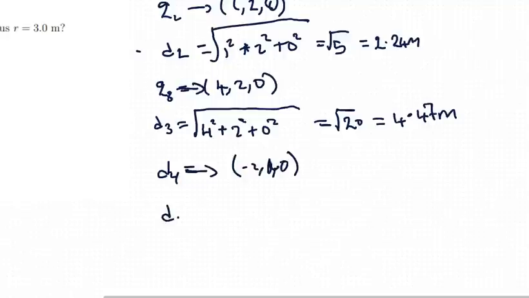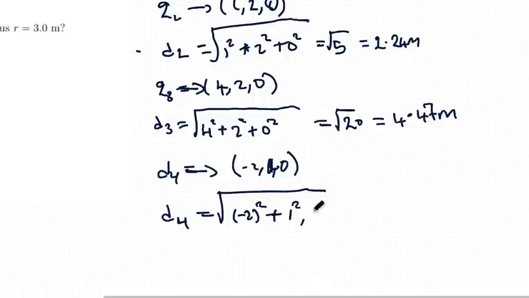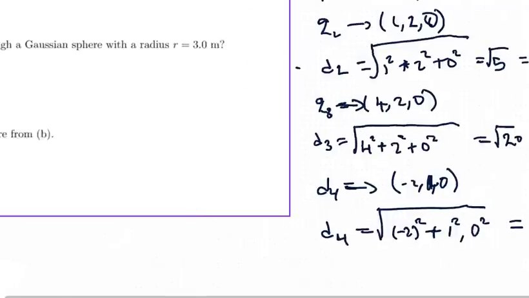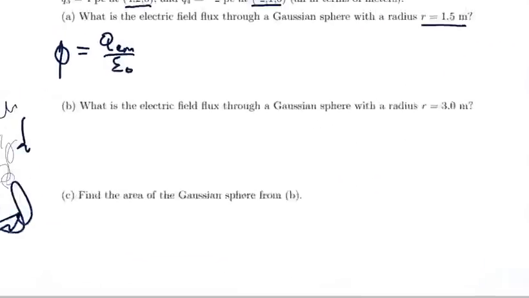The distance d4 will be equal to the square root of minus 2 squared plus 1 squared and 0 squared, and this will be equal to another square root of 5, which is equal to 2.24 meters.